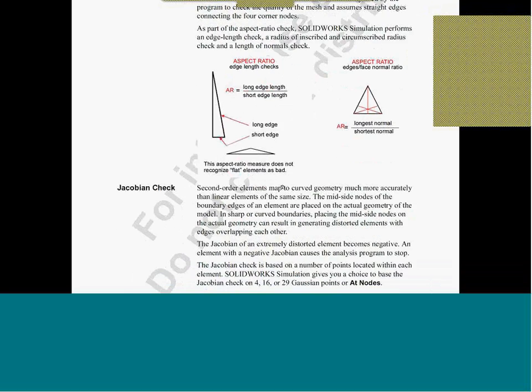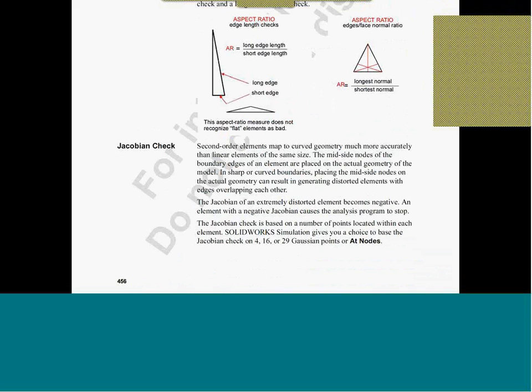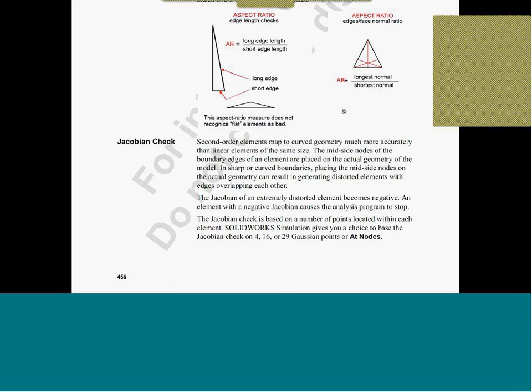Okay, Jacobian check. You can see here. Yesterday I tried my best to draw this particular image. The edges can get as bad as what is shown on the right side over here, and the side edges can actually intersect each other. Obviously, this is not desirable, and we don't want to be stuck in this condition.